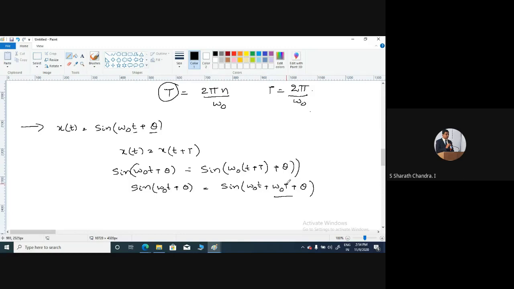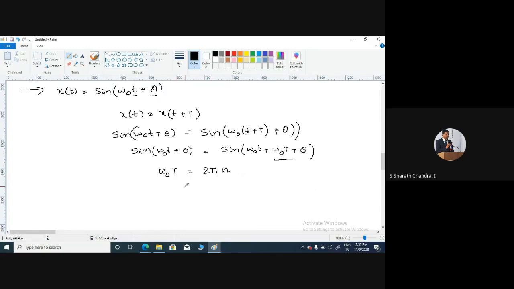However, if we consider omega naught capital T equal to 0, the fundamental period becomes 0. Therefore, since we need to consider the smallest positive value for capital T, I make omega naught capital T equal to 2 pi, and this equation will be valid for all integer multiples of 2 pi.